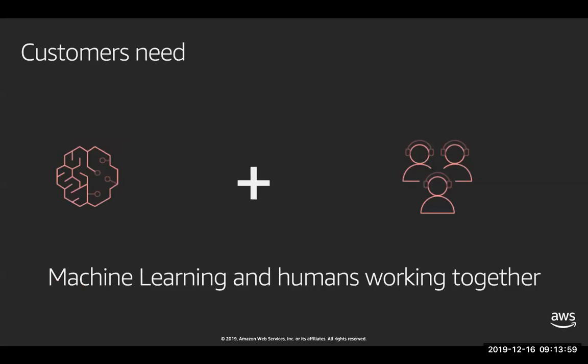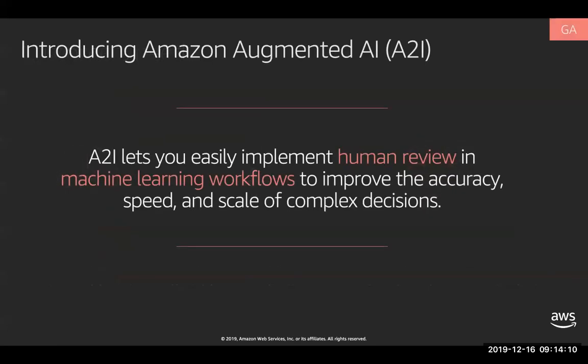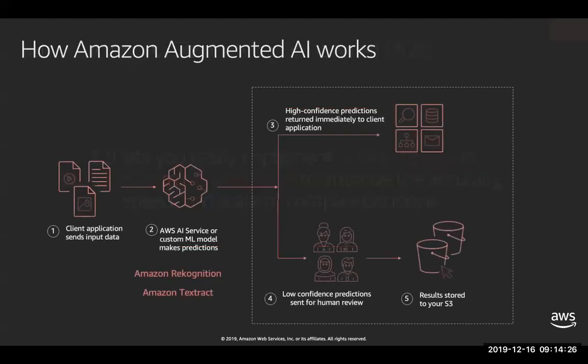There's already a service called Ground Truth that will let you label and crop images and bring a human workforce into the data labeling. But now we actually have something more formal. This new service called Amazon Augmented AI, A2I, is more human review and really meant for humans plus the machines to be working together.